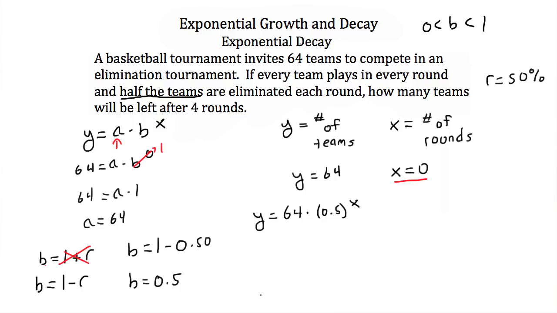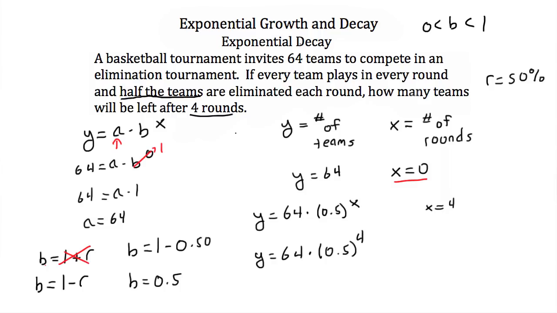Now we need to figure out how many teams are left after 4 rounds. Or we want to find y when x is equal to 4. So we plug in 4 for x, and we get y is equal to 64 times 0.5 to the 4th power.